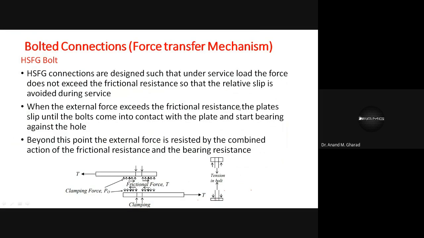Then the high strength friction grip bolt, the concept which I had told you. It will carry maximum load, and it will not fail with the help of bearing forces or shearing phenomena as quickly as other bolts do. Over here, the resistance offered by these types of bolt is because of the frictional force.